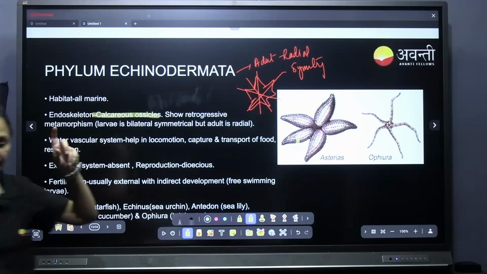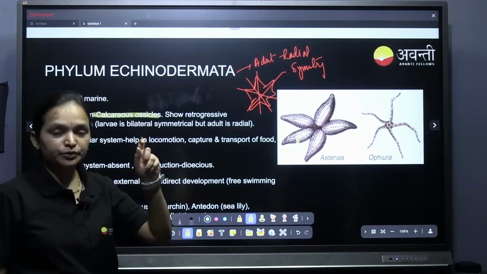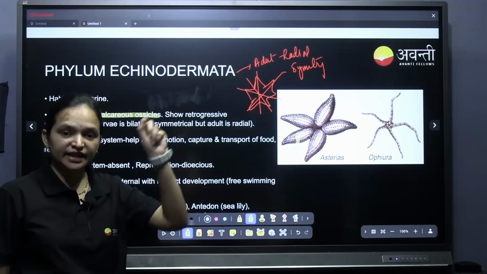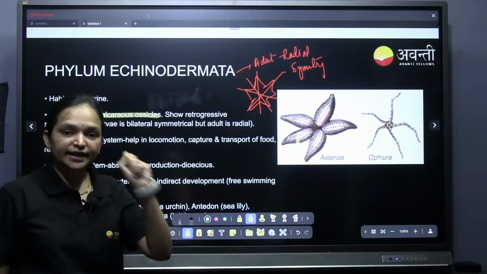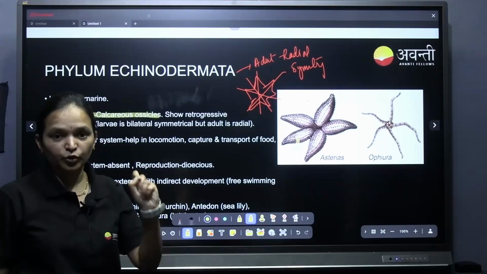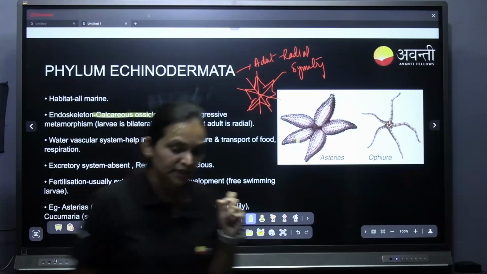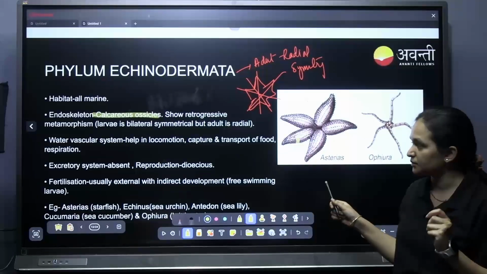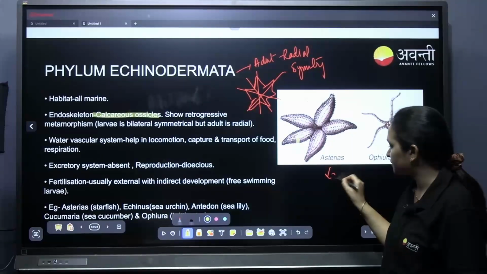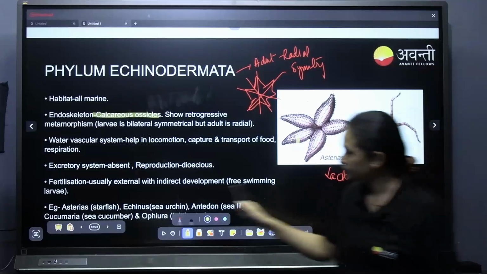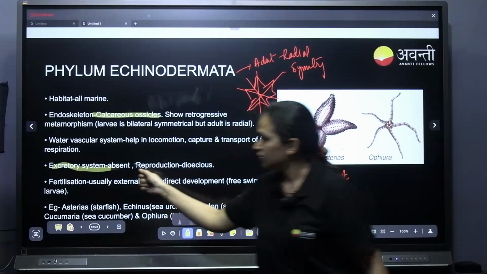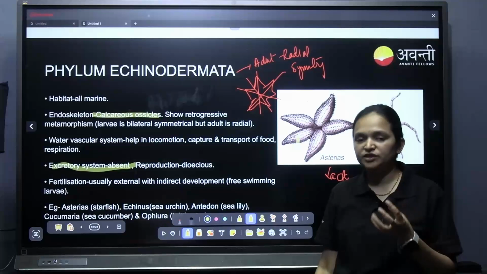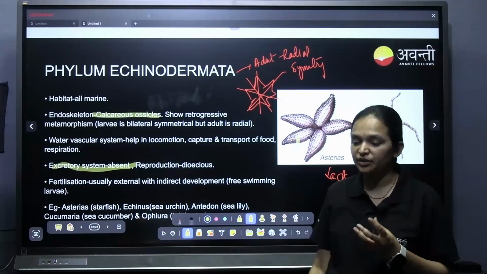When I was teaching you Porifera, I told you about the canal system, the water canal system. In Echinodermata it is the water vascular system, because echinoderms lack an excretory system. Excretory system is absent. You may ask me, how are they going to excrete their waste?